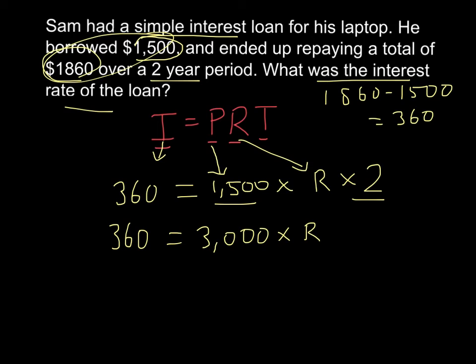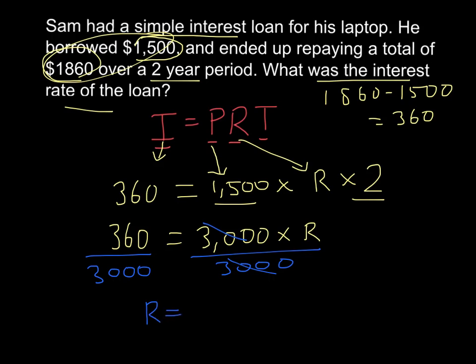Now, thinking about reverse operations, to get the R on its own, we're going to need to divide both sides by 3,000, because 3,000 divided by 3,000 is 1. 1 times R is R by itself. So if we do 360 divided by 3,000, then we should get the interest rate.